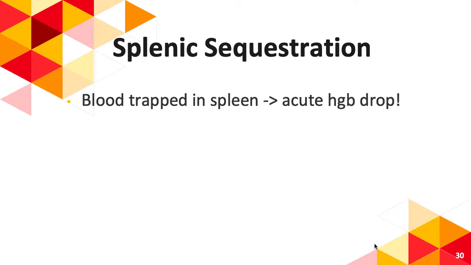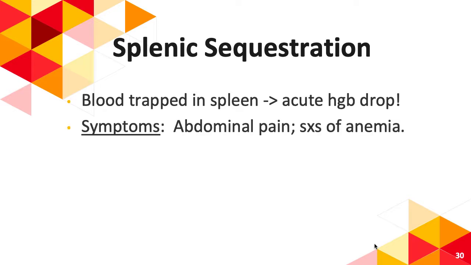So for some reason, in little kids, their spleen grabs all their red blood cells, and all the red blood cells are in their spleen instead of going to the rest of their body, and so they get an acute anemia as a result of that. This is generally in little kids, like 2-3 years old, but could happen in a sickle cell disease patient at any age.